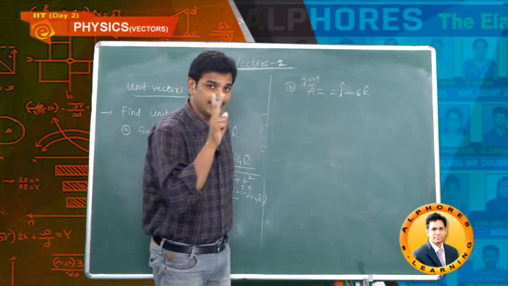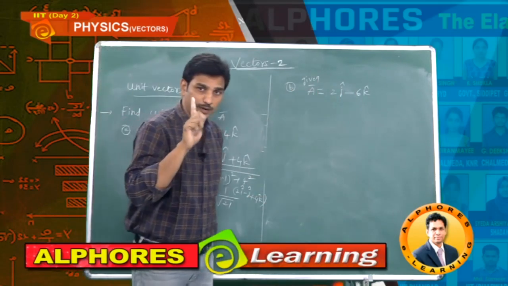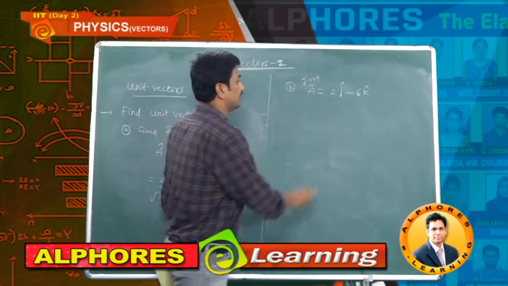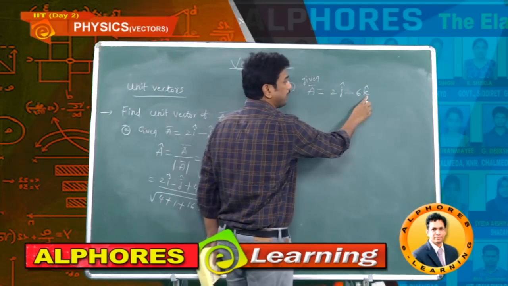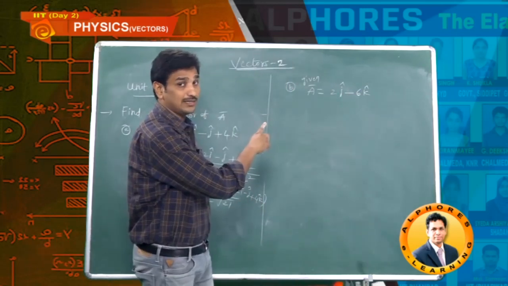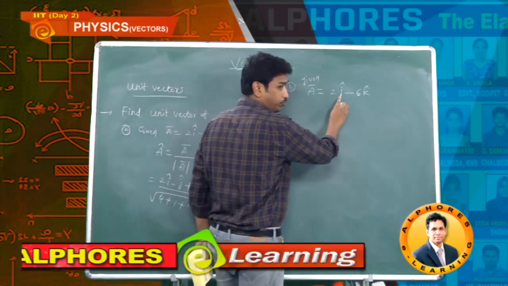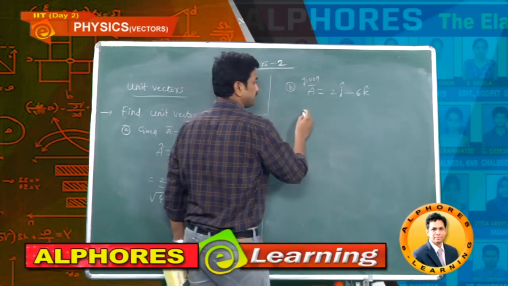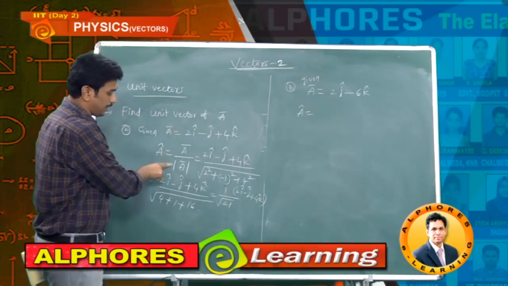Two components, it is in 2D; three components, it is in 3D; only one component, it is in 1D. It is in the plane of y minus z. So this vector is in the negative yz plane: y is positive, z is negative. Now the A cap formula, A bar by mod A bar.